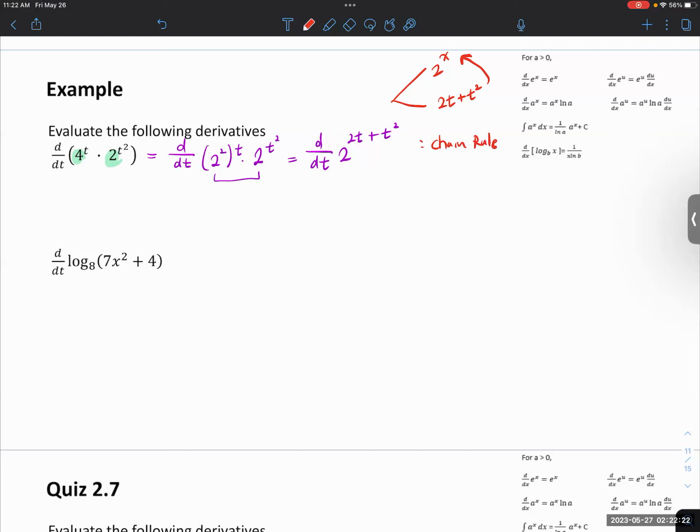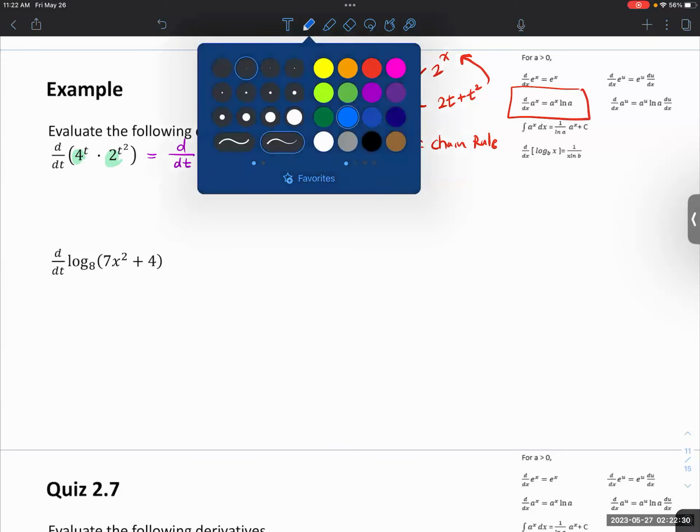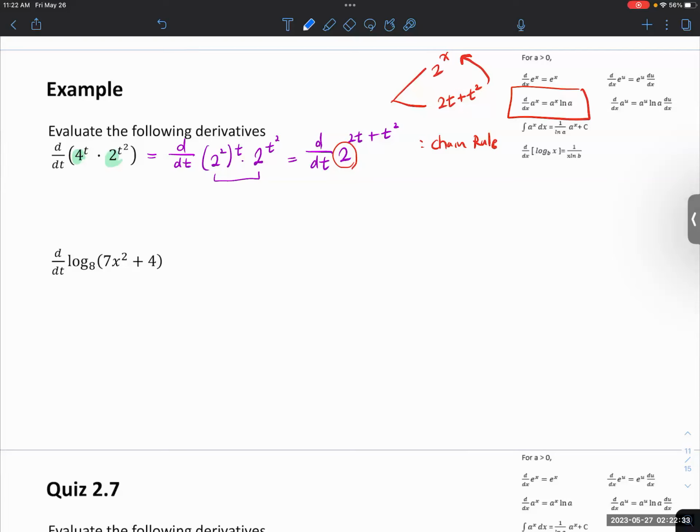So you're going to do step by step work. This is second case. This is not the e, this is a constant. So when you take the derivative with the exponent with the base equal to a, the outside will be, you're gonna keep 2 to the 2t plus t to the second. This is outside derivative, correct? And then inside, what happened?